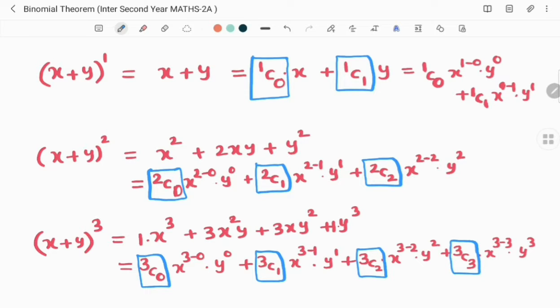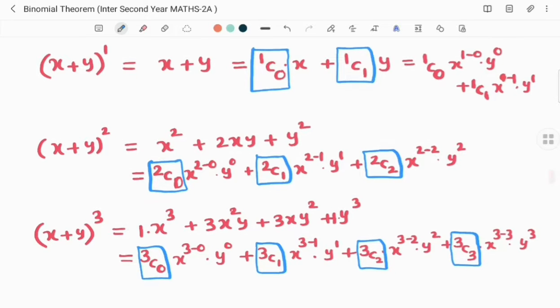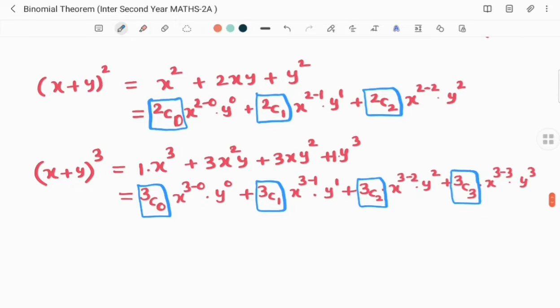So 1 increasing. (X plus y) whole cube, here how many terms do we have? 4 terms we have. Index here n is equal to 3. So similarly, if you expand (x plus y) whole power n as an index, it contains n plus 1 terms. You have to remember, dear students.